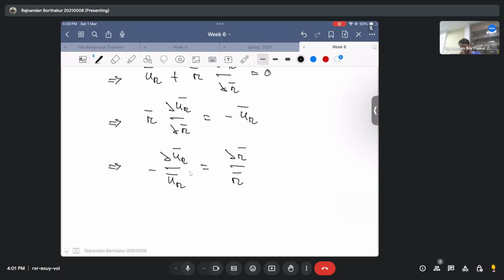Just by using variable separation, I think I can uniquely get ur bar. Let's try and do this. If I integrate this with respect to dr bar, of course, what will I get?